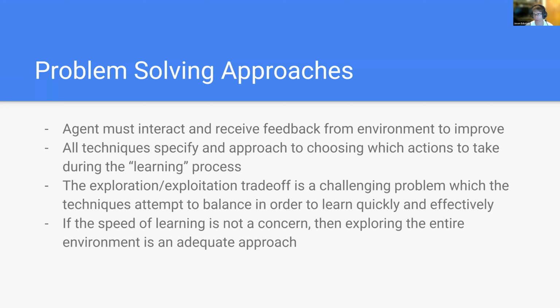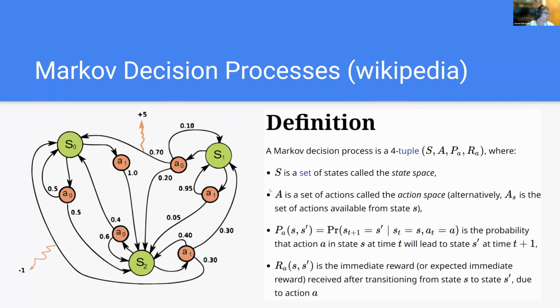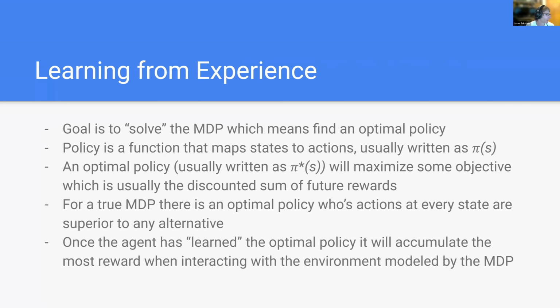Some of the techniques involve learning from the environment by taking samples in a sort of simulation style. There are also techniques that would look at this entire function and come up with an exact solution without having to actually go through these states and have an agent interacting with the environment and getting feedback like that.